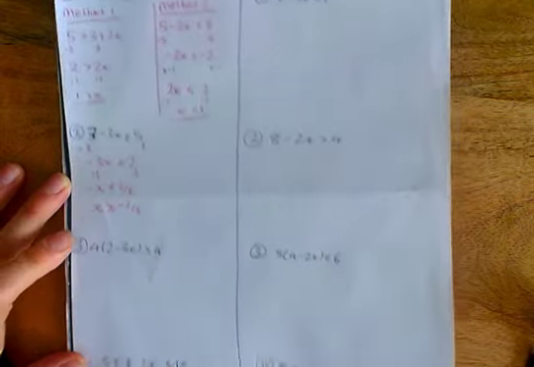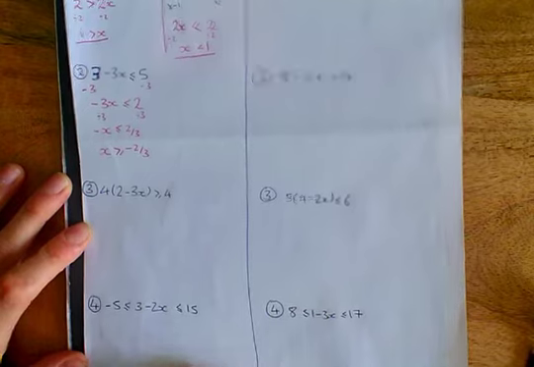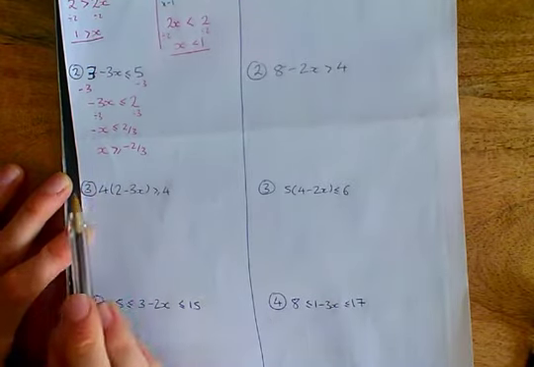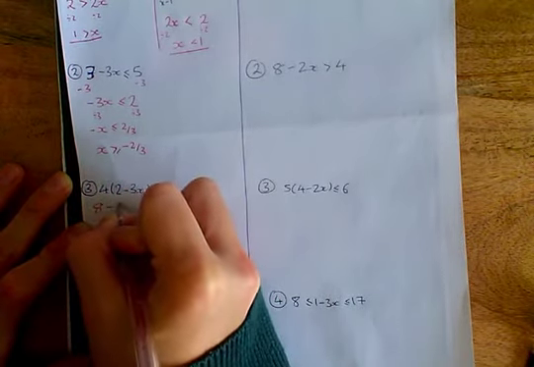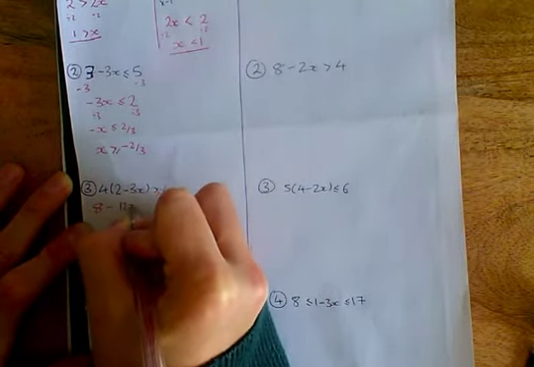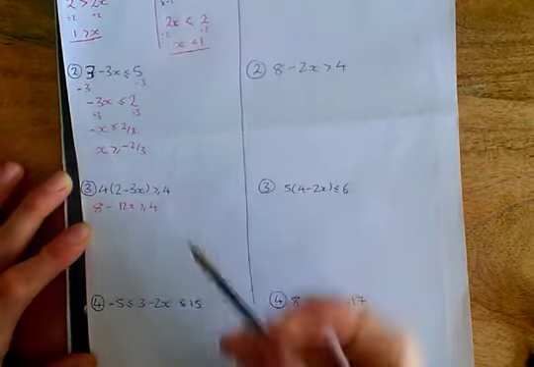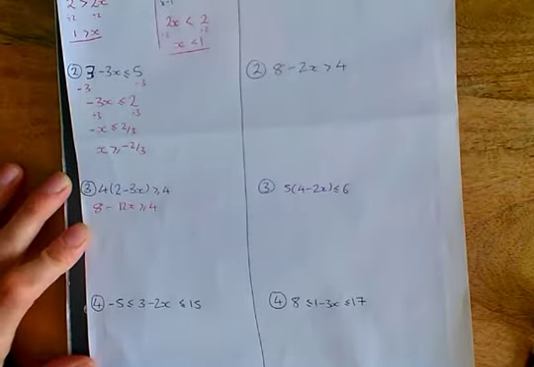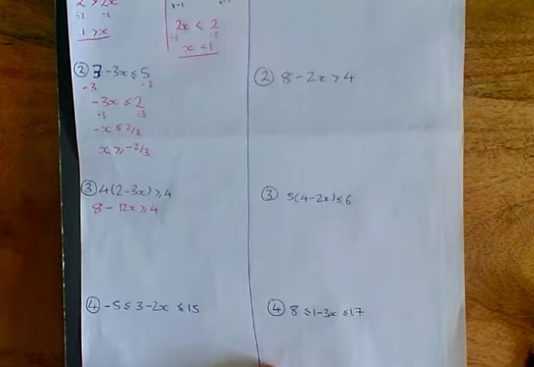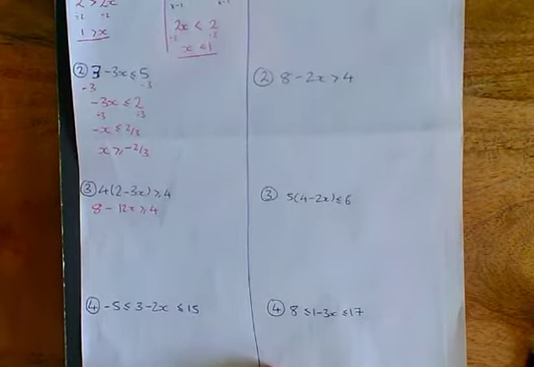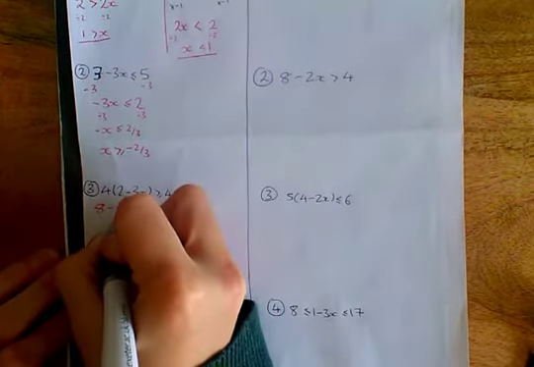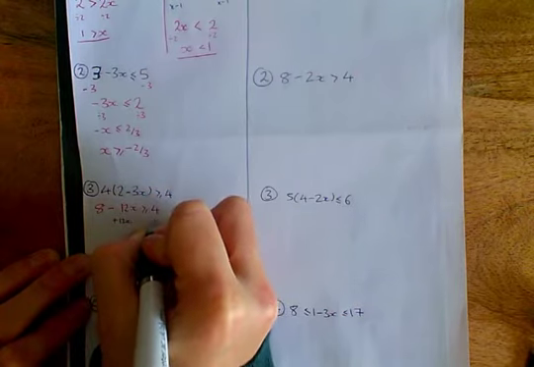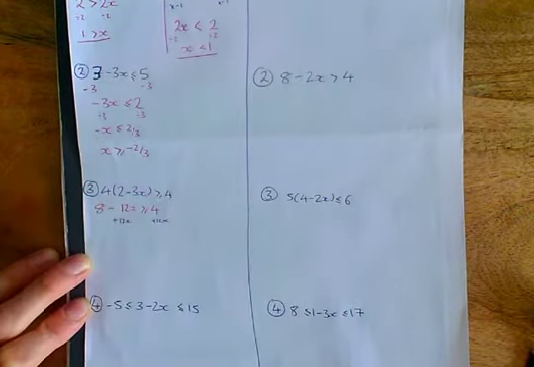Okay, question 3, we've got a bracket involved. So the first thing that I would suggest you do here is expand the bracket. So we've got 8 minus 12x is greater than or equal to 4. And then this looks very similar to question 1. So for this one, we'll do similar to method 1, just so that you've got a mixture of methods involved. So that means that in this case, I need to add 12x to both sides to eliminate the minus x.